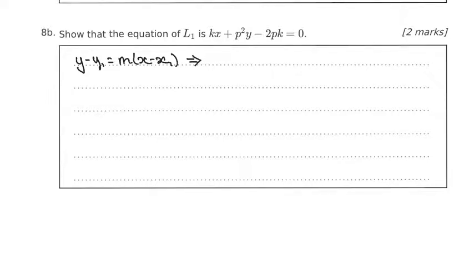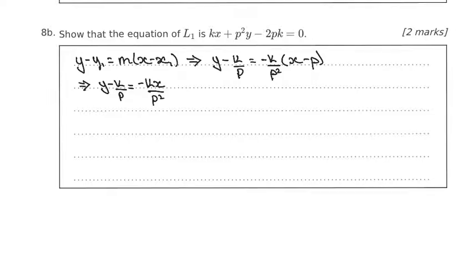Therefore, we know that y minus k over p is equal to minus k over p squared times x minus p. Multiply out the bracket, so therefore we get y minus k over p is equal to minus kx over p squared plus k over p squared.